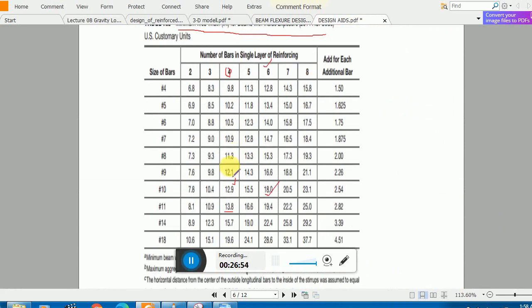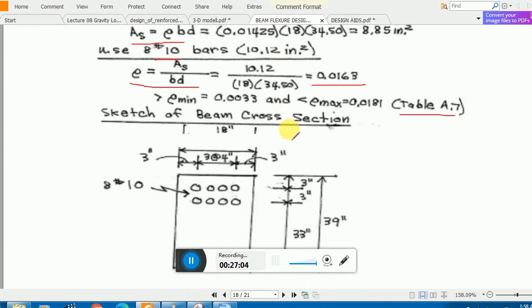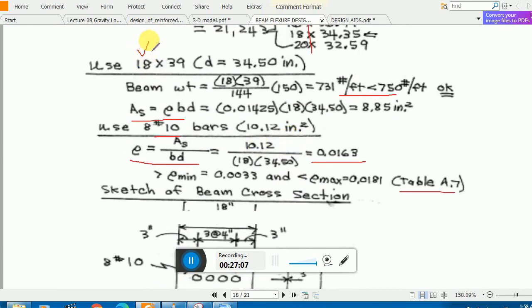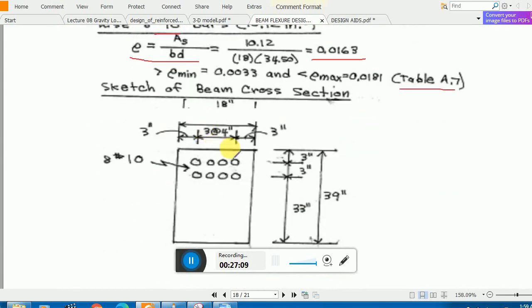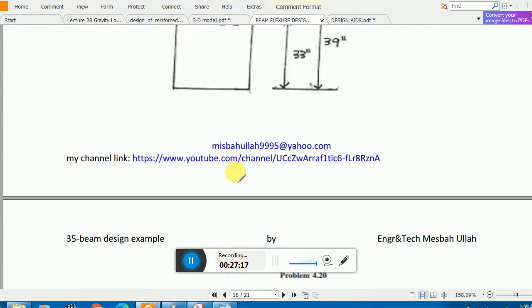Here we have this one. So if I'm using 8 number 10 bars, the width which I needed is 23.1, and what width I'm using is 18 inch. So this is the case that I'm using 2-layer steel. You must understand, this is the reason why I'm using 2 layers.